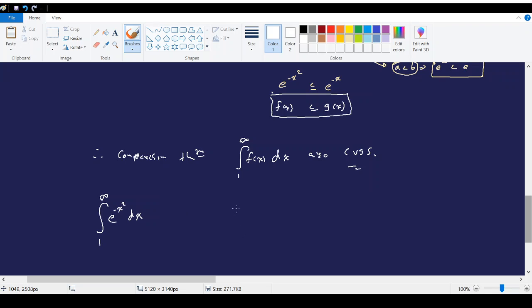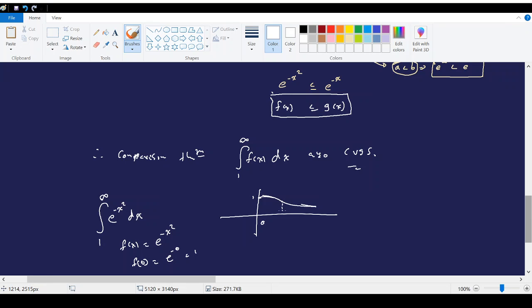Now if we draw the plot, let's start from 0. For this function, what is the value of this function at 0? That means e to the power negative 0, and that is equal to 1. So it will start with 1. If you plot it, it will go like this, right?